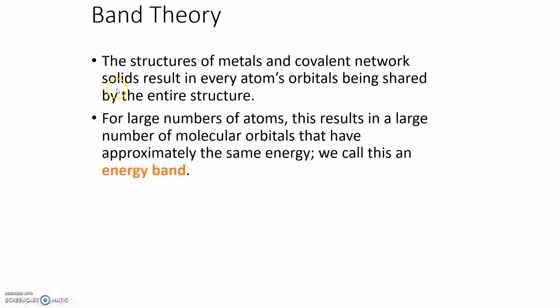The band theory is a theory that tries to explain how metals conduct electricity while nonmetals don't. It depends on what is called the energy band, which is the result of the molecular orbitals that we have.